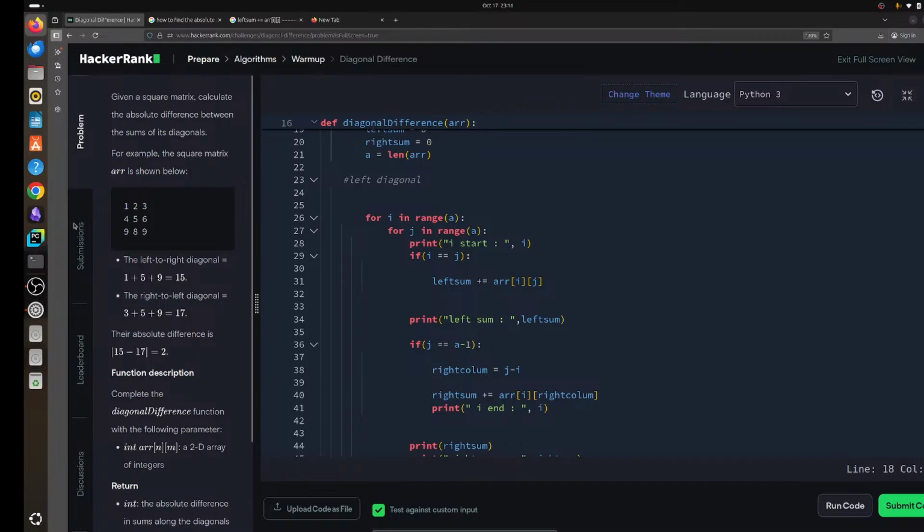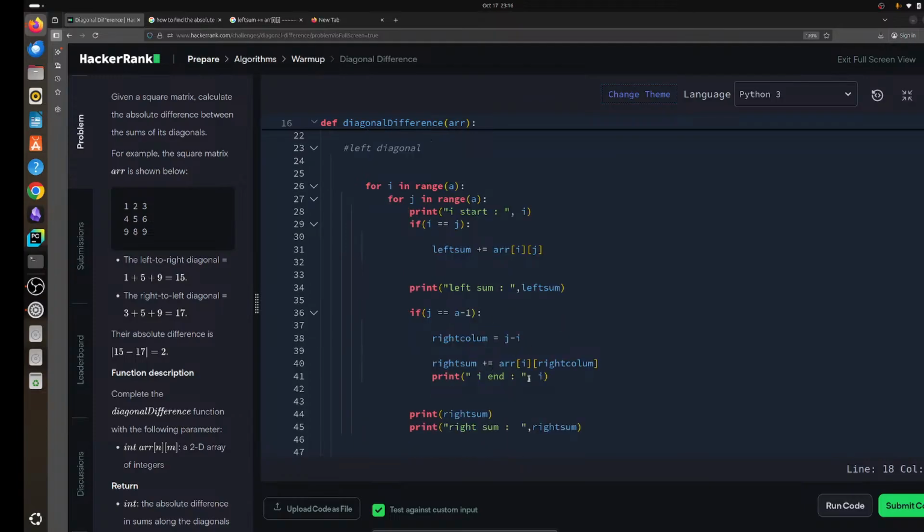Whenever the j comes to n minus 1, it will go inside it, and j will be that specific element here. And when j is that specific element, I am just decreasing it by minus i, the pattern we see here.